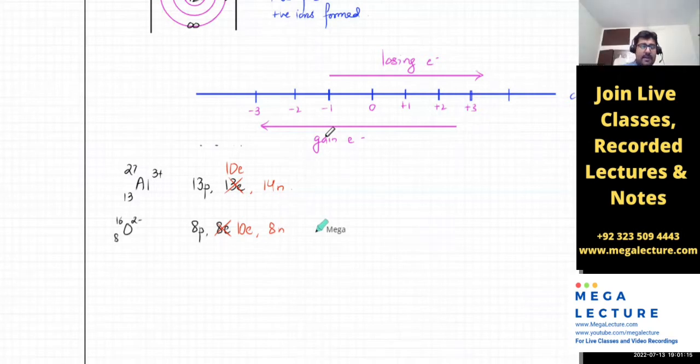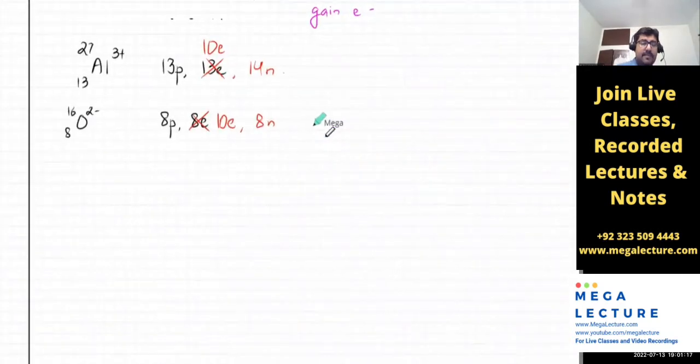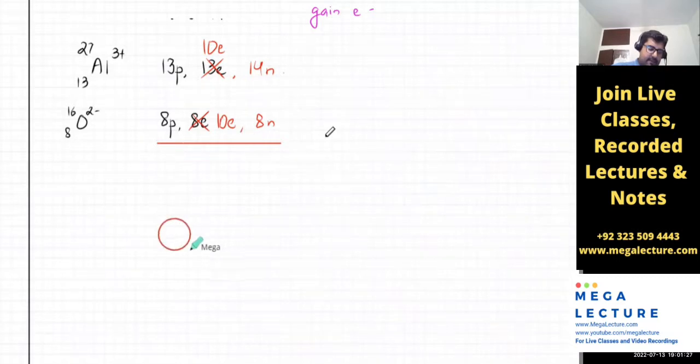And whenever you're going to draw an ion, remember to put brackets around it. If I want to draw this, here's how I'm going to draw it. It's got a nucleus, which has 8 protons and 8 neutrons, and it's got 2 shells around it. 10 electrons. How are 10 electrons distributed?